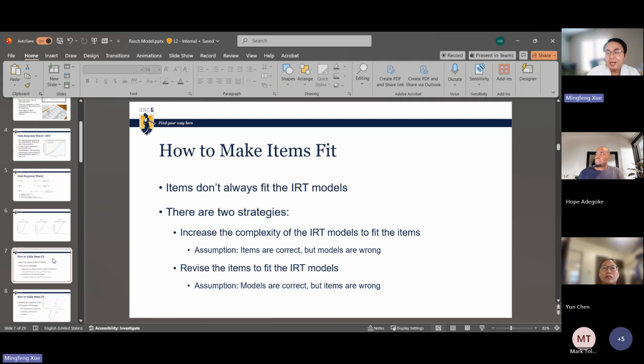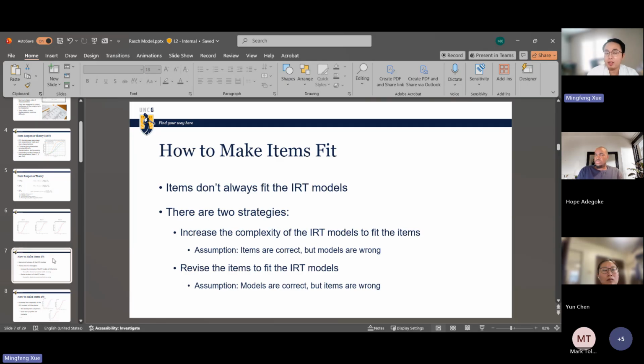So how do we make our items fit? There are two strategies. The first strategy is, okay, now our data doesn't fit the model, and then we need to increase the complexity of our model to fit the items. For example, if a single discrimination parameter cannot describe all of the items, then we need to use a two-parameter IRT model.